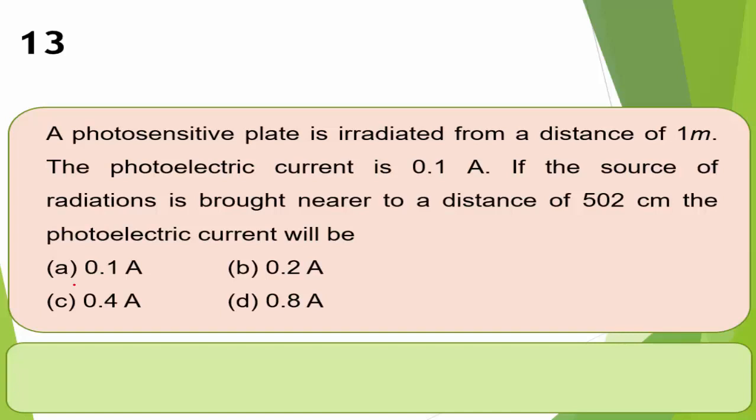If the source of radiation is brought near to a distance of 50 centimeter, the photoelectric current will be. Here also, using the same formula, I is proportional to 1 by d square. Already I have discussed one problem. Here try to solve it yourself, easily you get the answer. The option C is right.